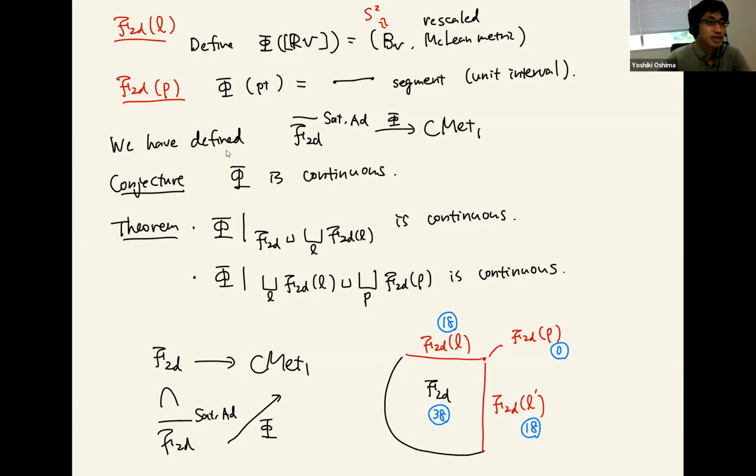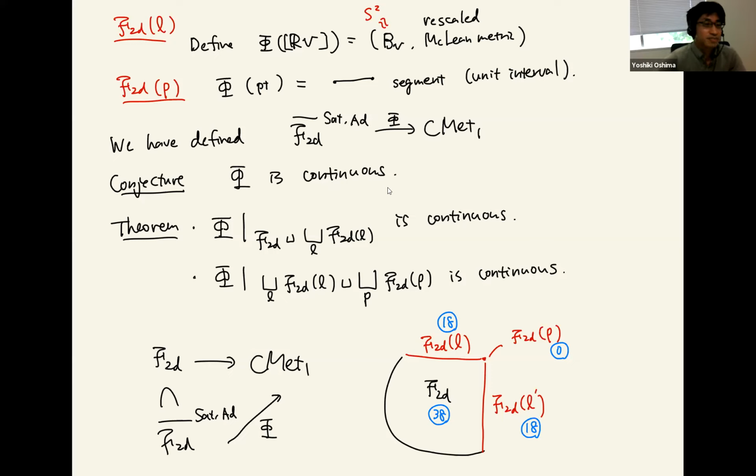So we defined, for each stratum, a compact metric space, and so we have defined this map phi. And the conjecture is that this is continuous. We expect this to be true.